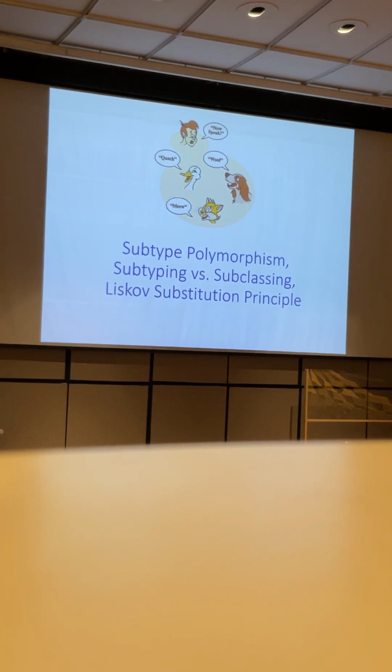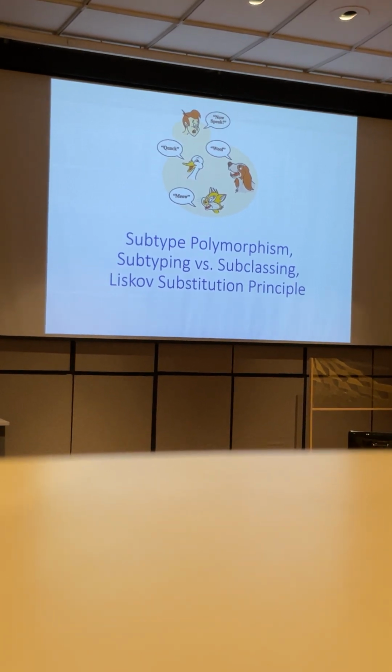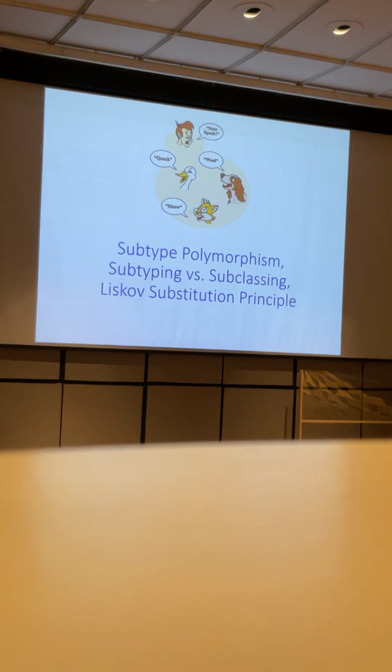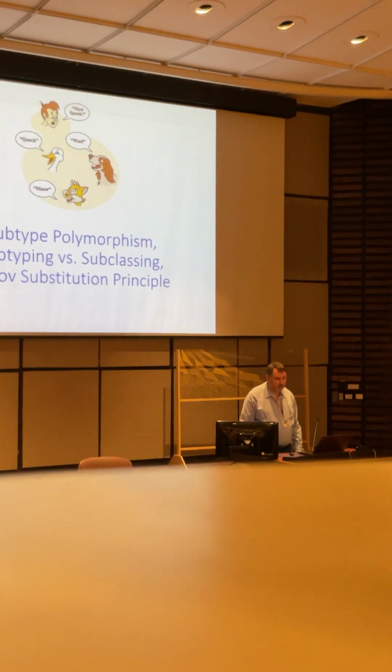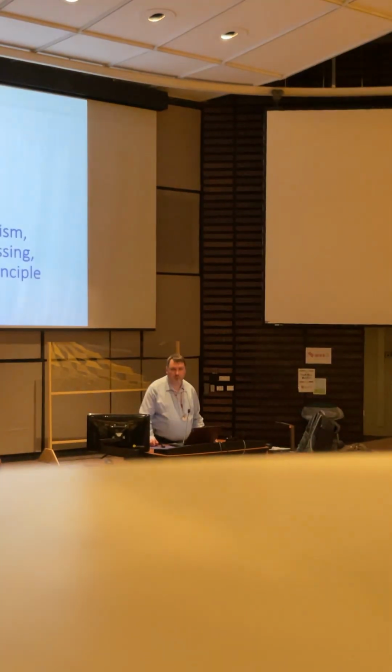So subtype polymorphism, right? Earlier, when you were introduced to the object-oriented paradigm, you learned that there are fundamental concepts behind object-oriented programming: encapsulation, inheritance, and polymorphism. So you could just say polymorphism, without adding any qualifier, and by polymorphism, what you actually meant was subtype polymorphism.